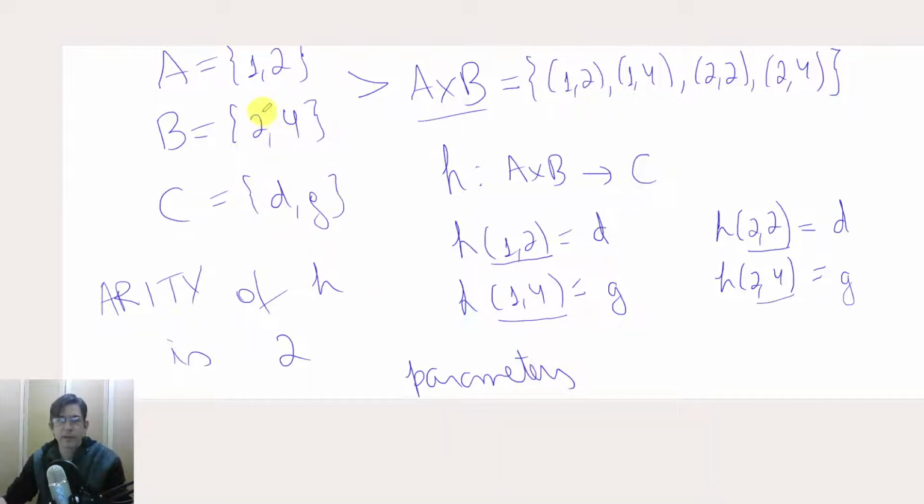In our case, the first parameter comes from A, the second parameter comes from B. And the result of applying h to one parameter from A and one parameter from B is a value from C.